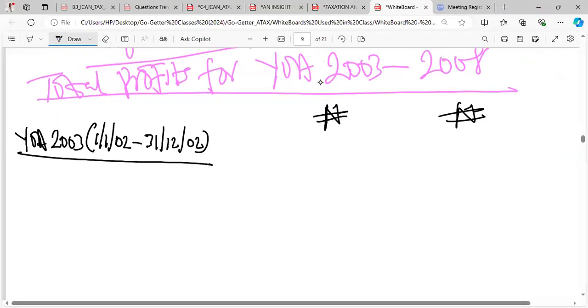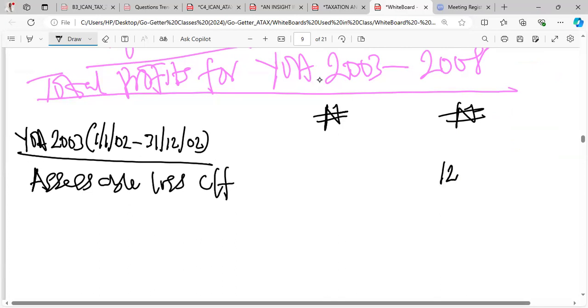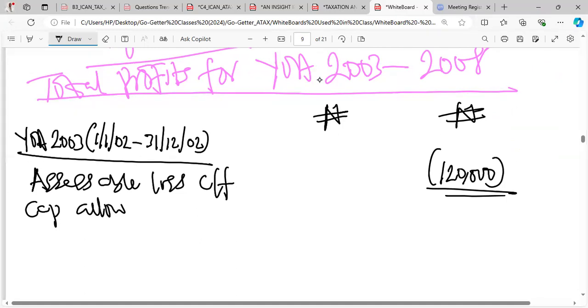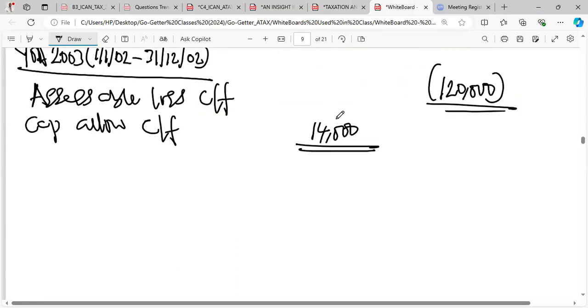Since this is the first one here, this is accessible loss carried forward, 120,000. Then the capital allowance will also be carried forward because it cannot be claimed. 14,000. We bring it down here. 14,000 will also be carried forward.